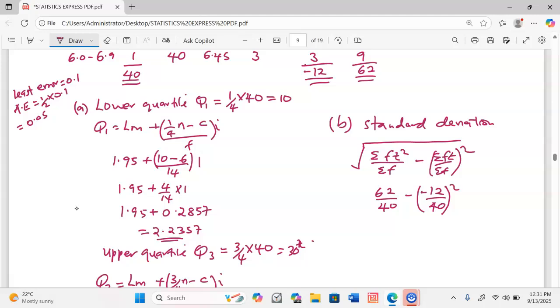So if you take 62 divided by 40, you get 1.55 minus negative 12 over 40, then squared, you'll get 0.09. This one is going to be equal to the square root. If you subtract the 2, we are going to find the square root of 1.46, and the square root of 1.46 will give us 1.2083 as the answer to this particular question.